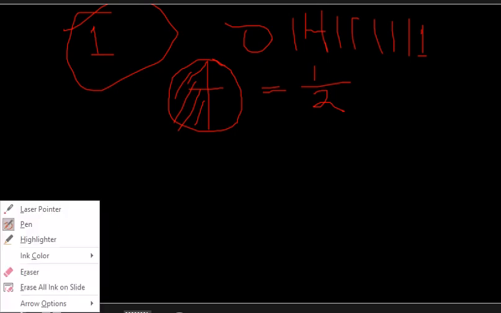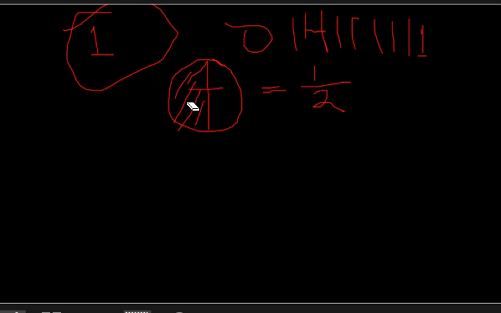How do you express this as a fraction? You say 1 out of 2 parts is shaded. That's basically what a fraction is.